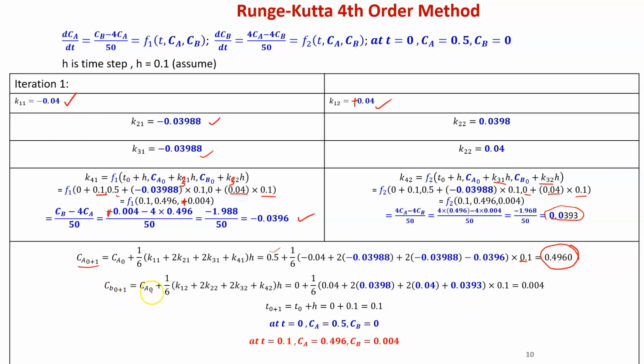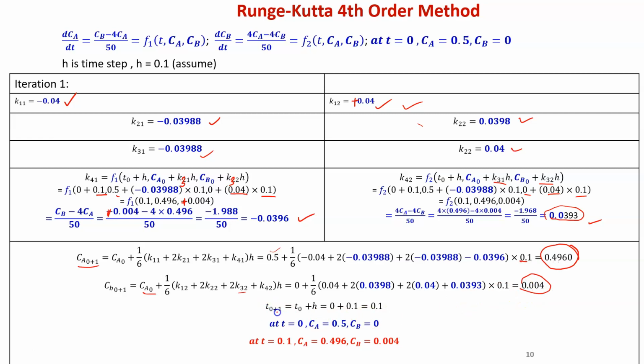Similarly CB1 is equal to CB0 plus 1 by 6, K12 plus 2K22, 2K32, K42 into H. If we plug in all these values, ultimately we will get 0.004.